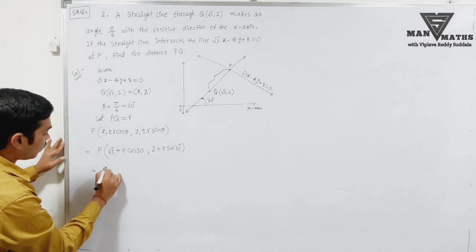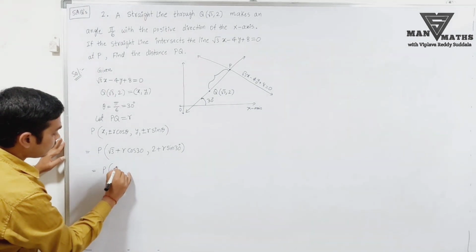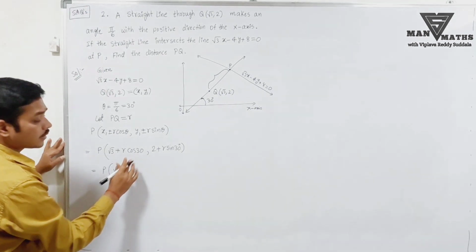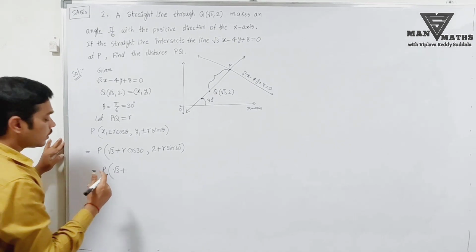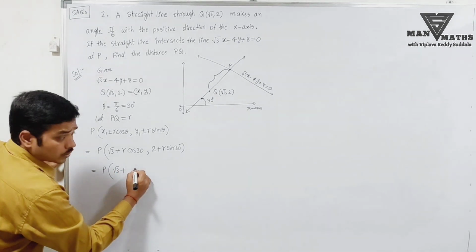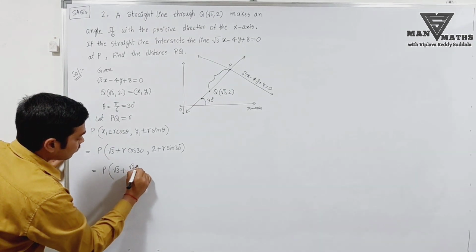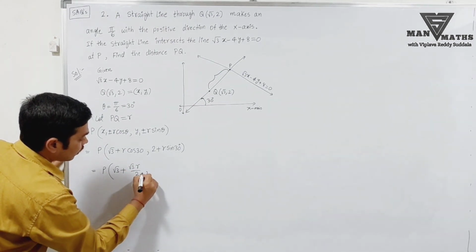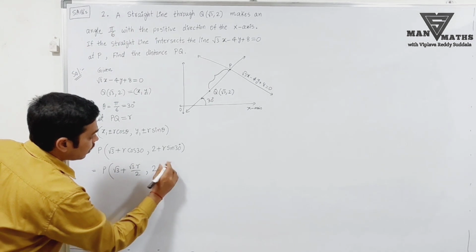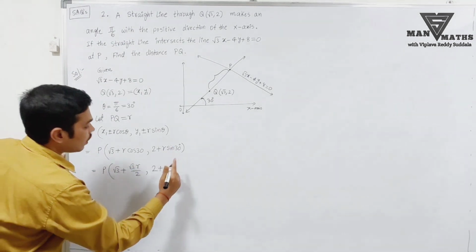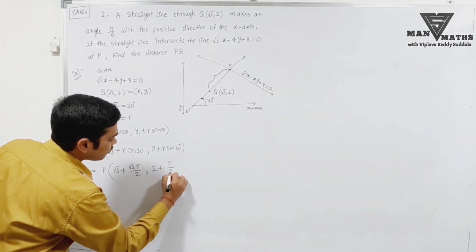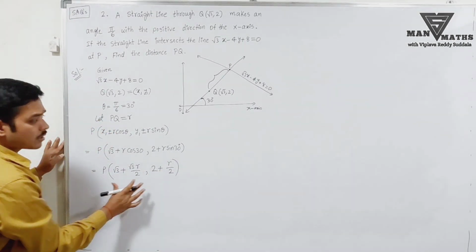That is equal to P of root 3 plus r cos 30 degrees. Cos 30 degrees is equal to root 3 by 2, so r into root 3 by 2, nothing but root 3 r by 2, comma 2 plus r into sin 30. Sin 30 value is 1 by 2, so r into 1 by 2, nothing but r by 2. This is the coordinates of P.